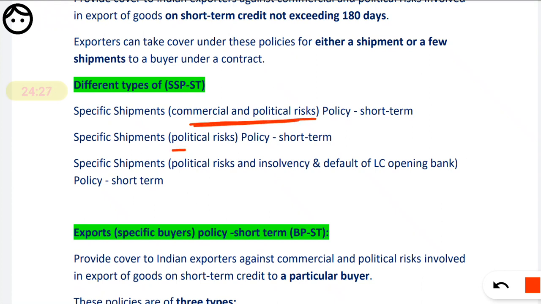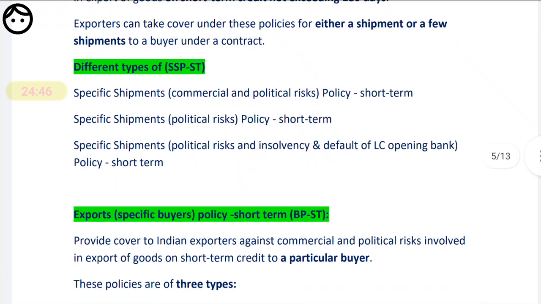Second is only for political, and third is political plus insolvency and default of the LC opening bank. So these are the basic 3 types. You just go through the types. We don't need to go into detail on these policies, just take an overview, just read the names.